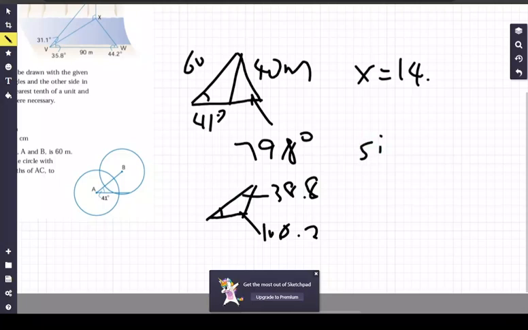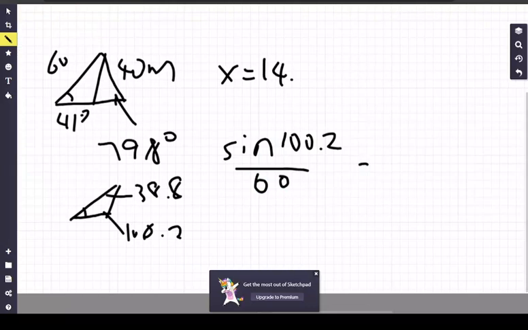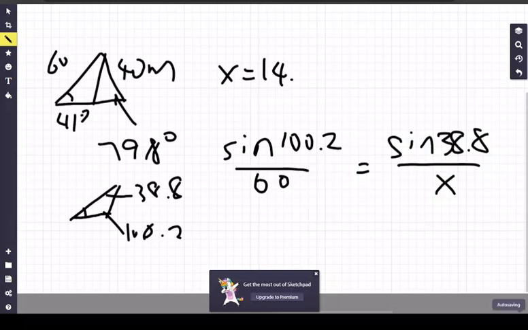Sine of 100.2 over 60 is equal to sine of 38.8 over x. Let's find that. So sine of 38.8 degrees multiplied by 60 divided by sine of 100.2 degrees. It's going to give us 38.2.